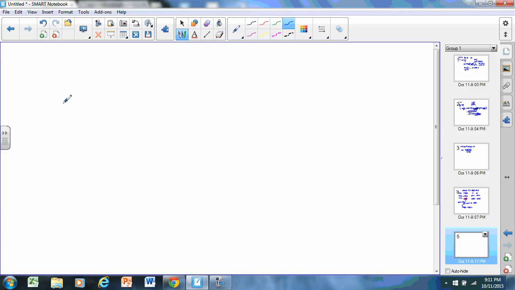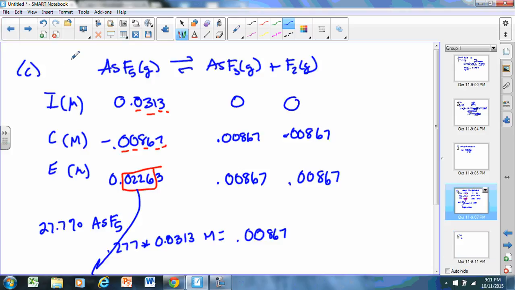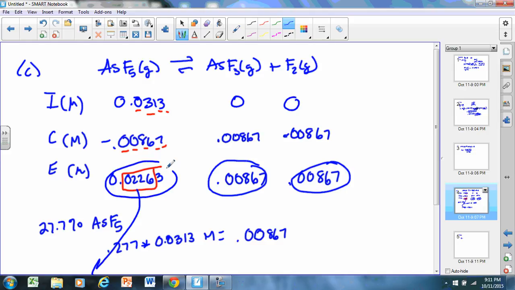All right, new slide. This is part C2. It says, using molar concentrations, calculate the value of the equilibrium constant. So now I've got to go back just to show you that we're going to put this in, and this in, and this in.